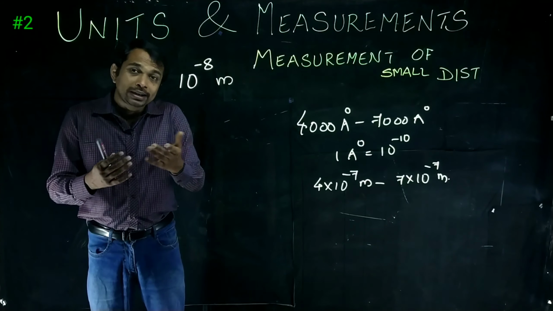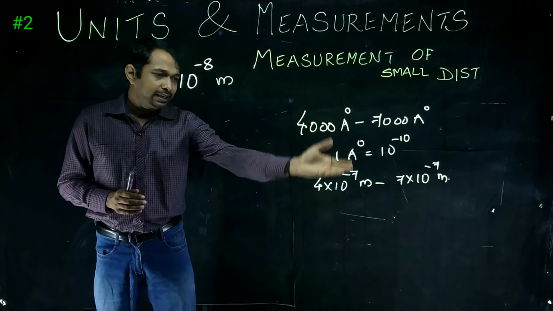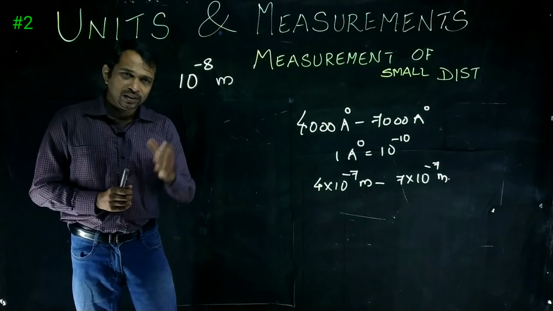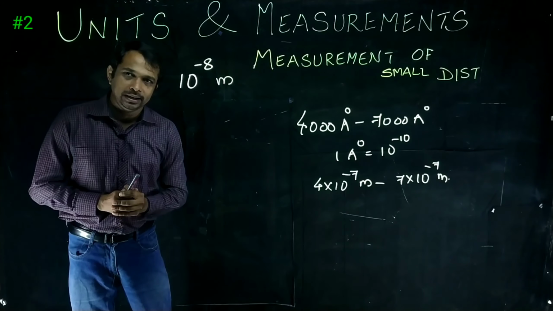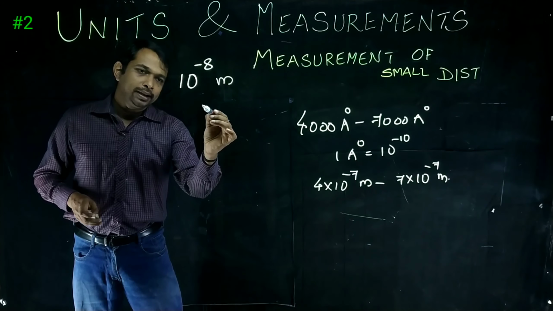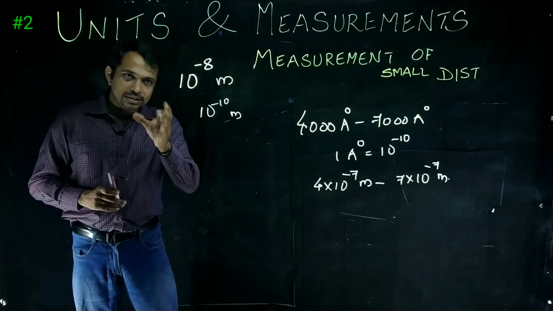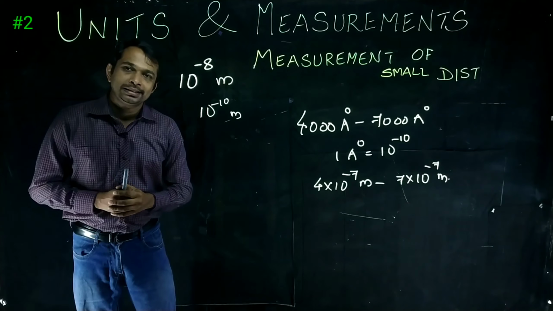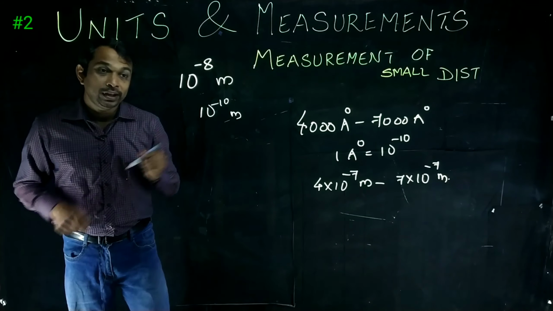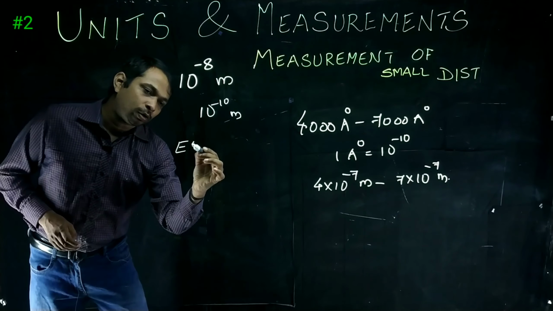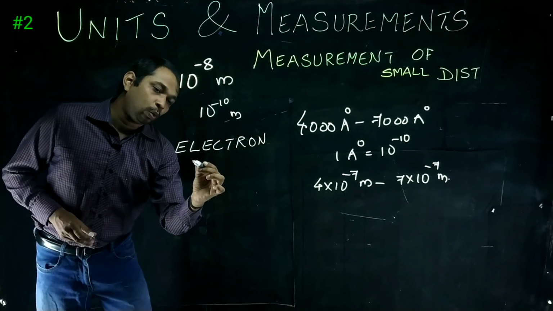So what is the other possibility? You have to find some other medium instead of the visible light which has a wavelength lesser than 10 to the power of minus 8, in the order of 10 to the power of minus 10 or so, to see this atom. For that we can use an electron microscope. Why?